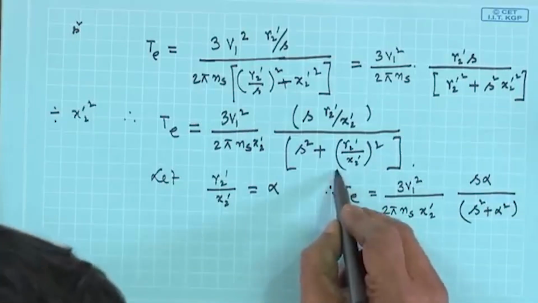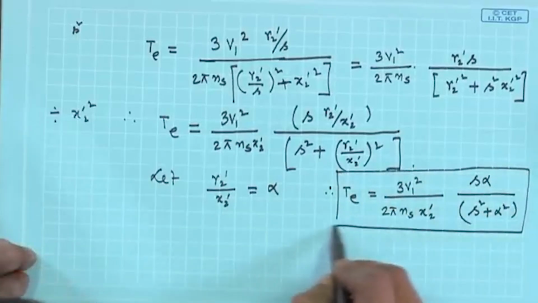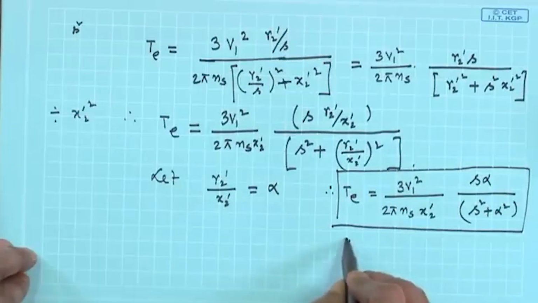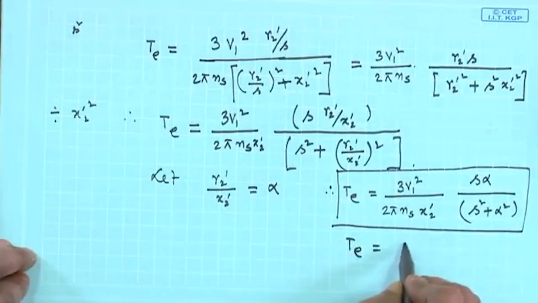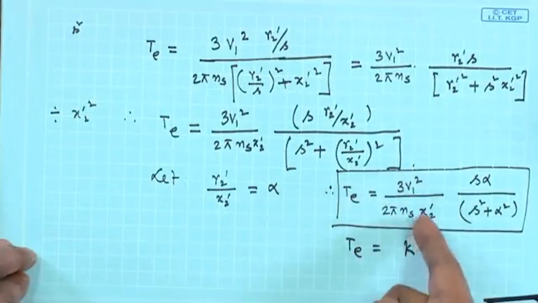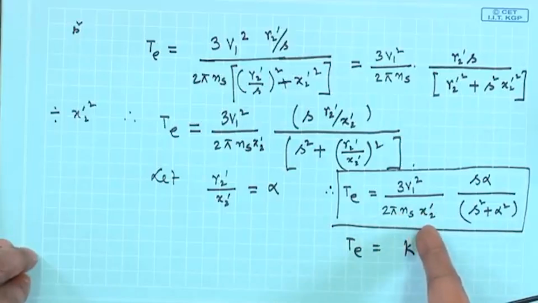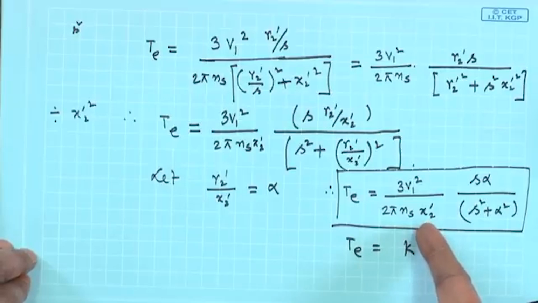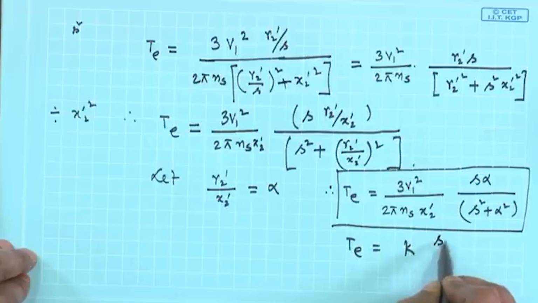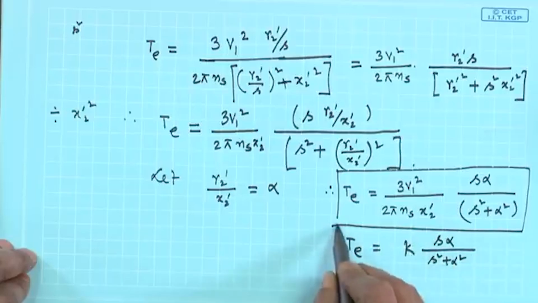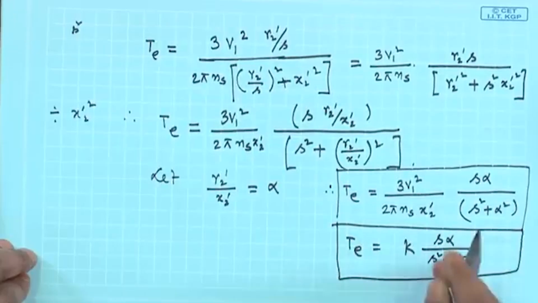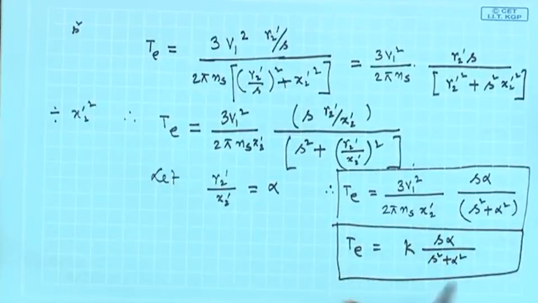Now, this is a formula which can be very easily remembered, and people write T is equal to some constant, independent of slip etcetera, synchronous speed constant, x 2 dashed standstill rotor leakage reactance referred to stator constant. So, some k into S alpha. No formula is simpler than this to remember, the product of S into alpha divided by S squared plus alpha squared.